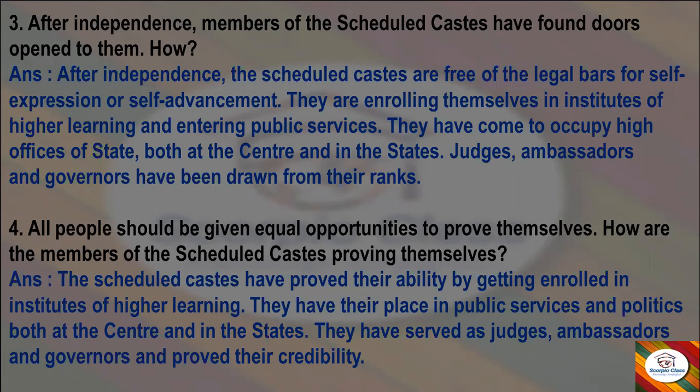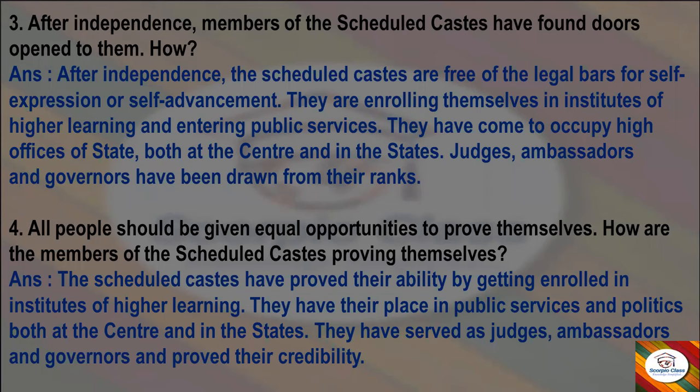They are enrolling themselves in institutes of higher learning and entering public services. They have come to occupy high offices of state both at the center and in the states. Judges, ambassadors, and governors have been drawn from their ranks.